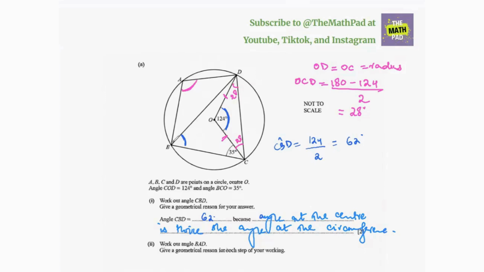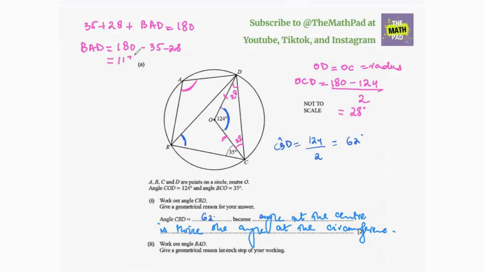Again, this is a cyclic quadrilateral because ABCD are the vertices of a quadrilateral and they all touch the circumference. So 35 plus 28 plus angle A equals 180. So 180 minus 35 minus 28, and that gives us the value of 117.